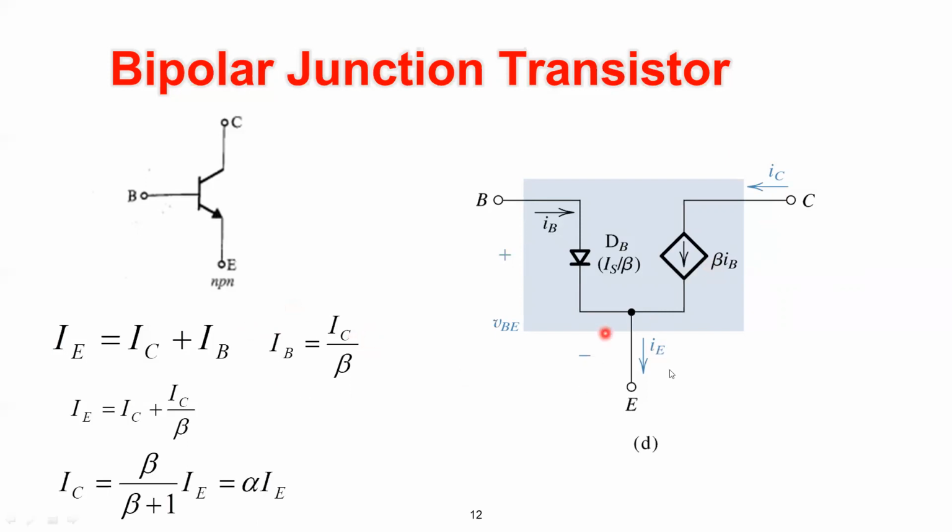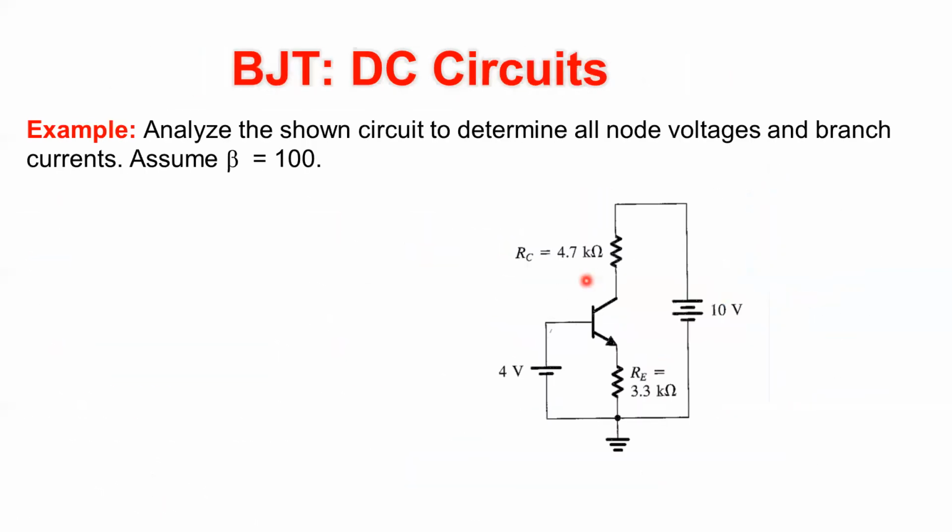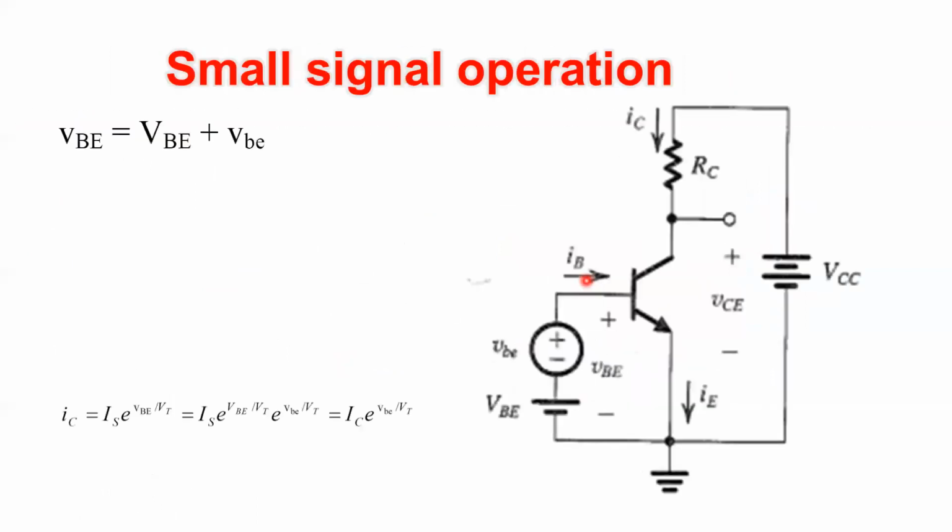And the current in the emitter is simply the addition of the current from the collector and the current from the base. As you know from the diode lecture, you can treat this diode either ideally as a short circuit, or you can say that it has a forward resistance. That is what we will do here.